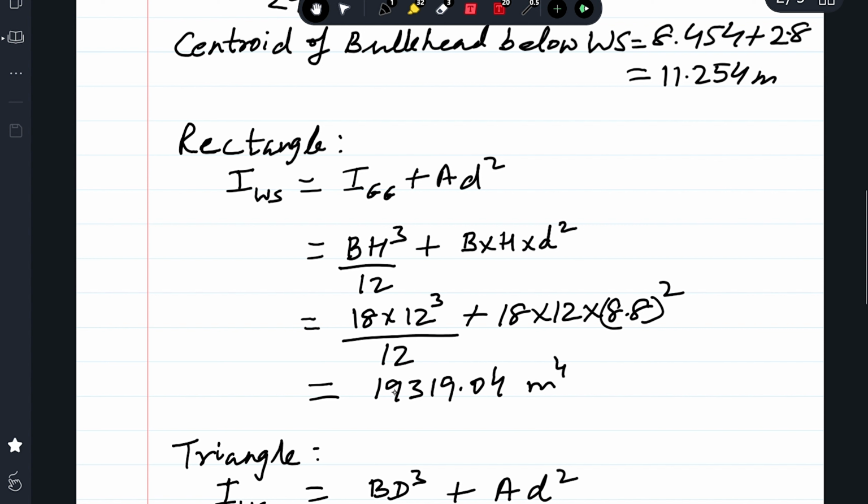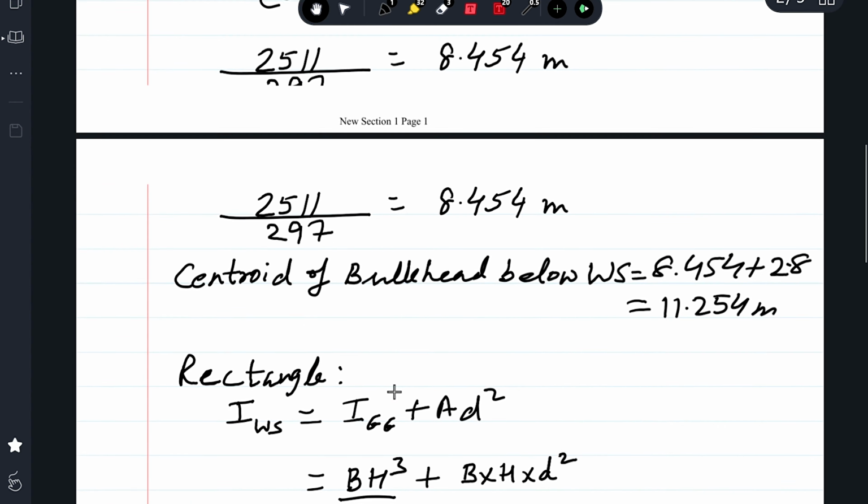The breadth of the rectangle is 18 meters, height is 12, so 18 into 12 cube upon 12, plus the rectangle area, 18 by 12, and what is the depth of the centroid of the rectangle from the water surface? It is 6 meters below the tank top.